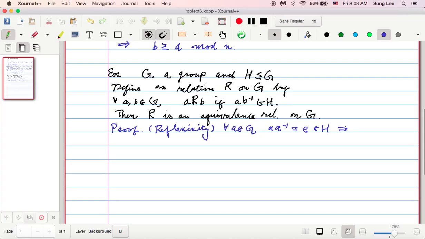And this means, by definition, a is related to a. That's easy, right?